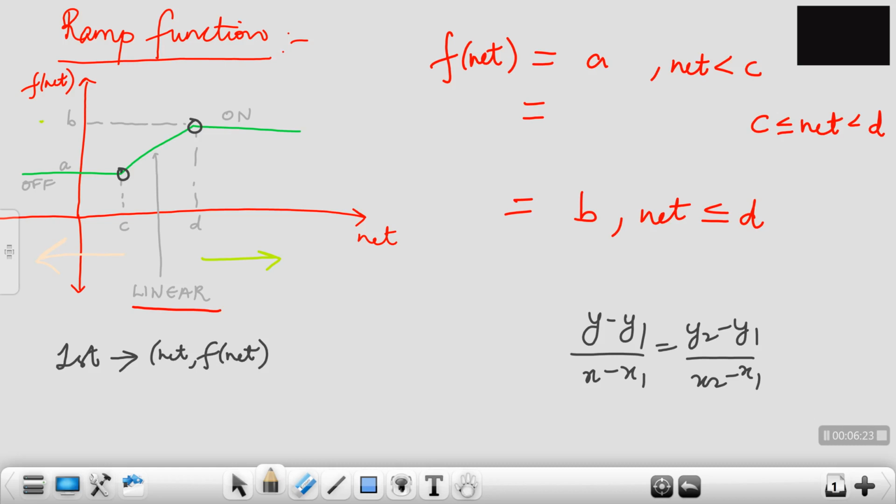So here in this equation, y is nothing but f net and x is nothing but net.